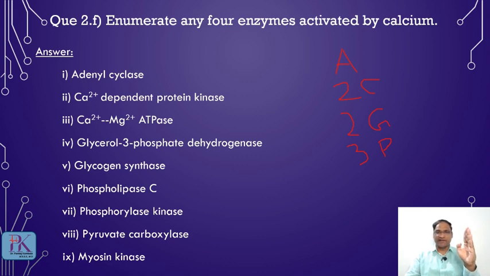Start from A, adenyl cyclase, then 2C, 2G and 3P. And lastly there is another enzyme, myosin kinase. Very straightforward question. Just write four enzymes and get 2 marks.